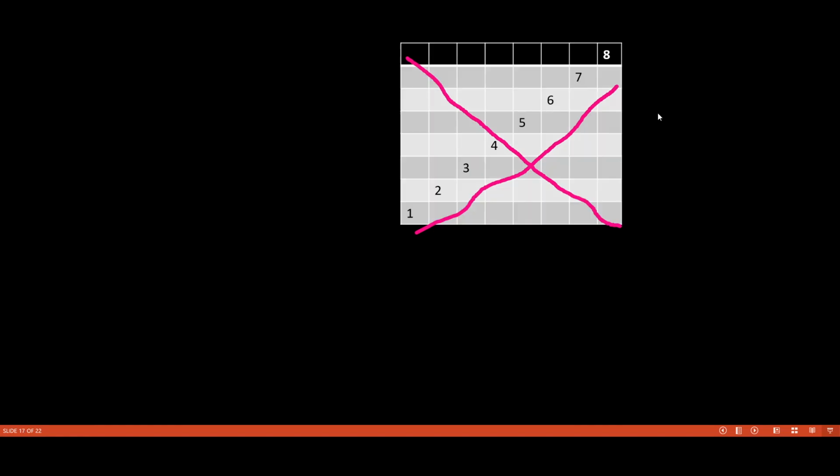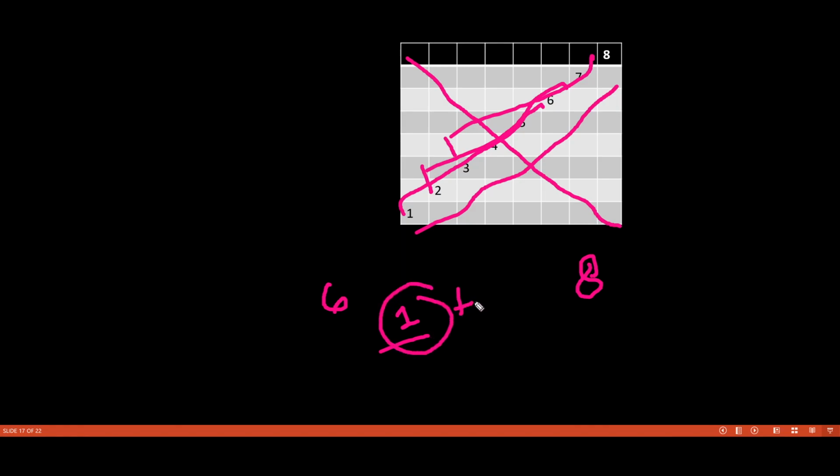So let's choose 6 consecutive squares. We choose these 6 consecutive squares, 1, 2 and 3. Or you can take the 6 consecutive squares starting from the first one. Now there are 8 squares, so how many squares are left? This one you are taking as 1, plus 2 more left.